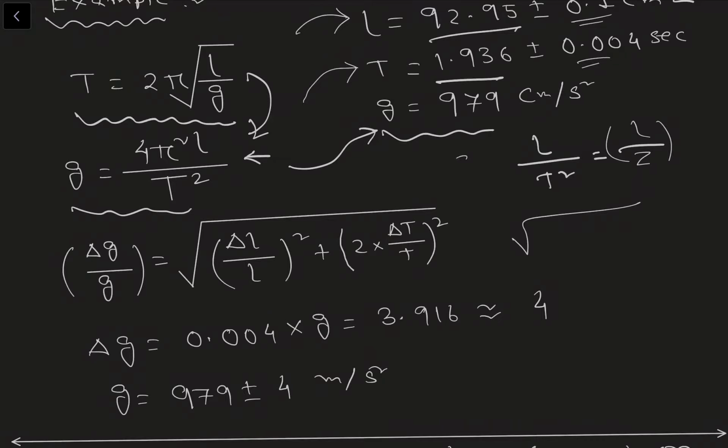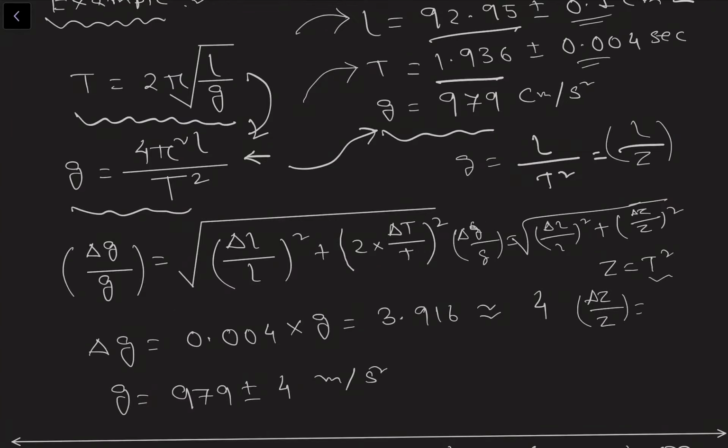So the relative error in g, delta g by g, will be the relative error of L whole square plus the relative error of Z, delta Z by Z, whole square. Now our Z is nothing but t square. So the relative error in Z, delta Z by Z, will be modulus of 2, that means 2 times delta t by t. That's how we are writing here.